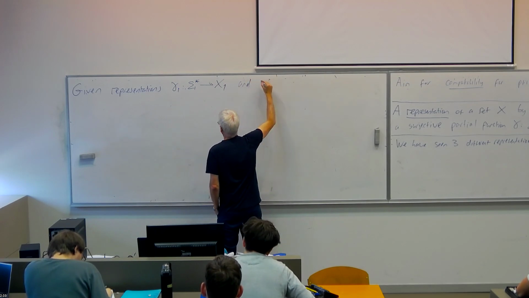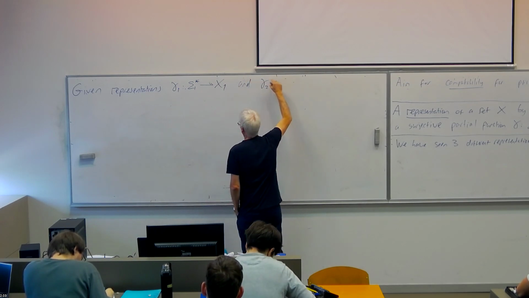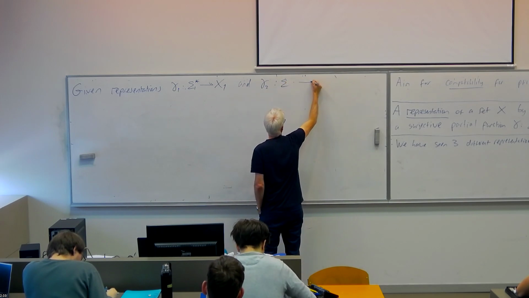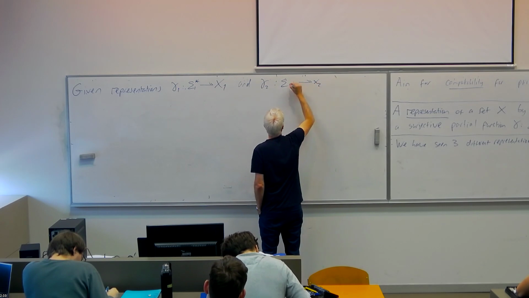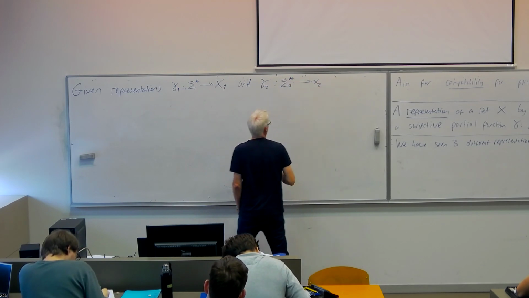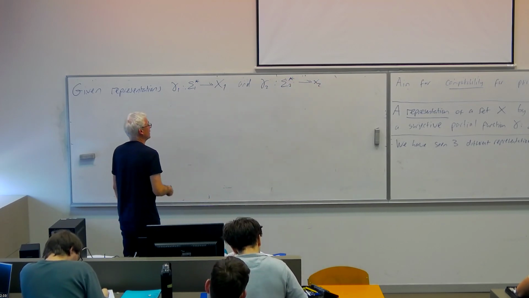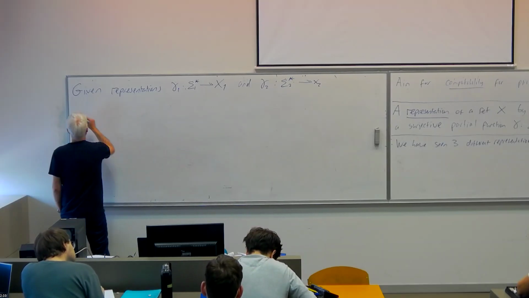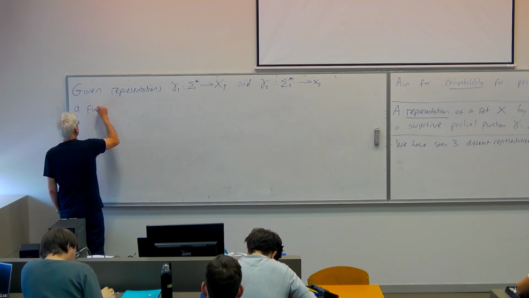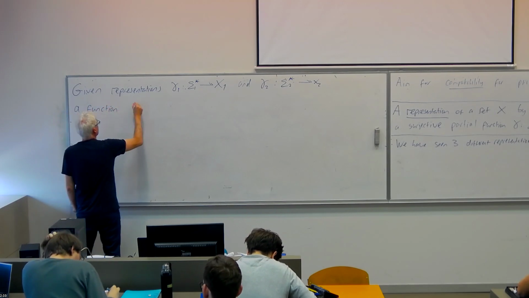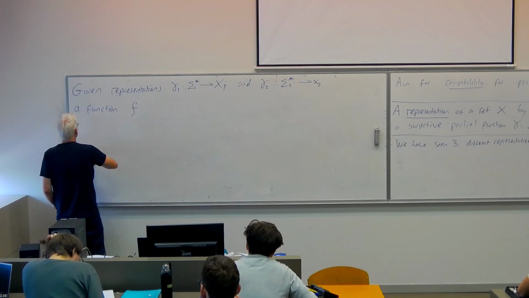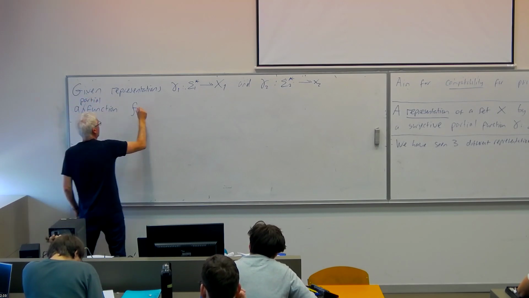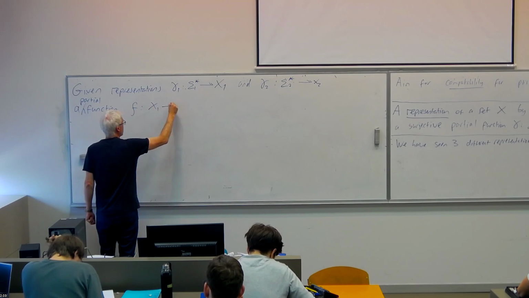And gamma 2 is another representation, of the set x2, again a partial surjective function over the alphabet sigma 2. Now take a partial function f from x1 to x2.